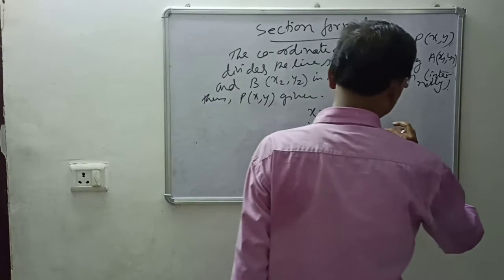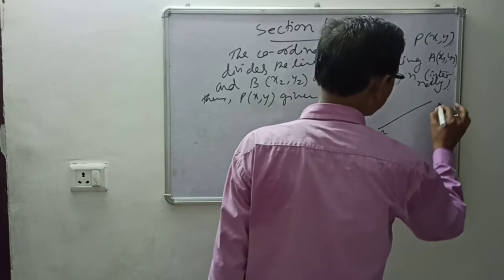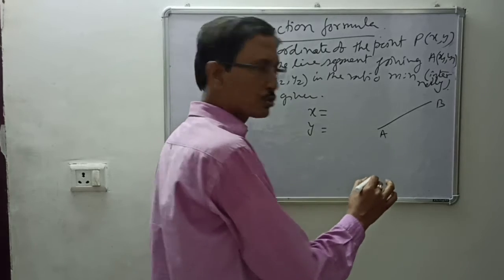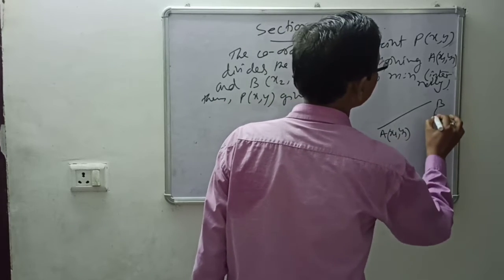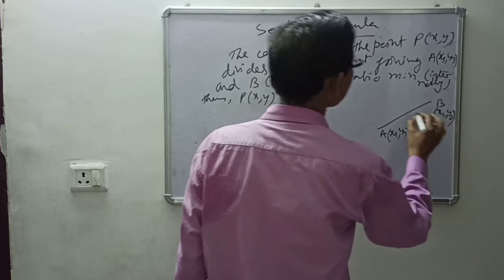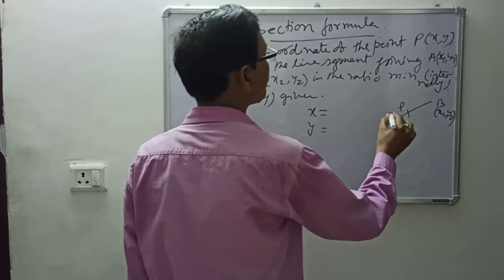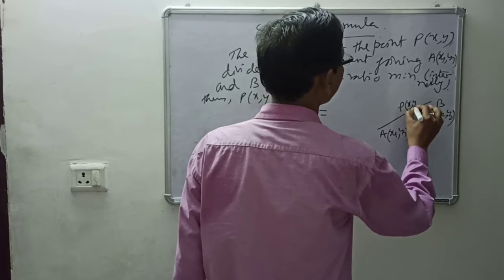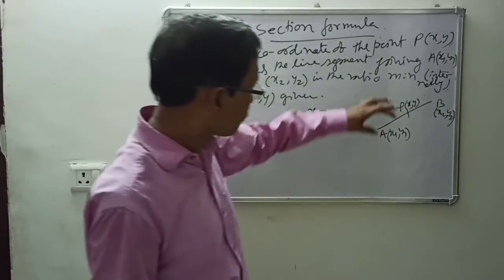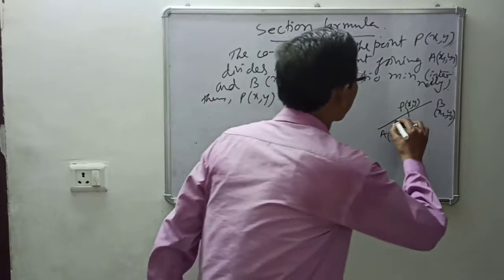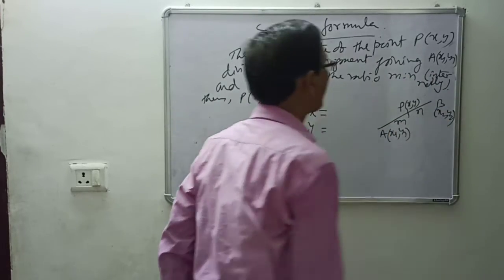Just from the figure, suppose you have 2 points A and B whose coordinates are x1, y1 and x2, y2, and somewhere in the middle you have P(x, y). It divides in the ratio m is to n. That means AP is to PB equal to m is to n.